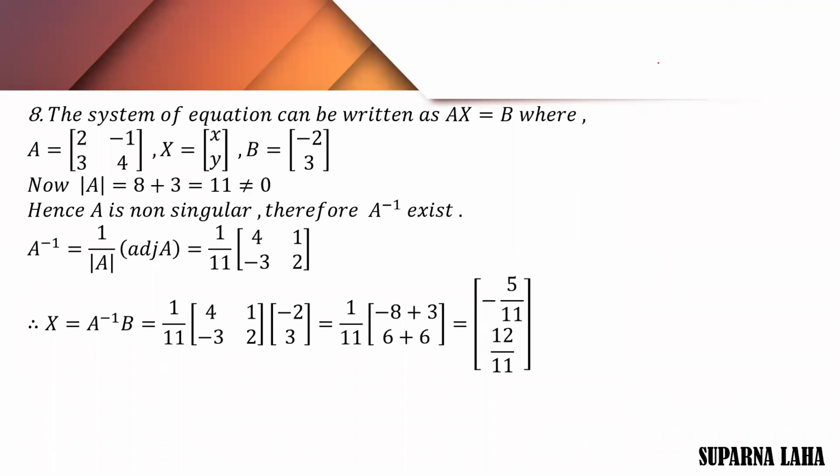Here I am taking this 1 upon 11 outside of it, and after multiplication A inverse B, then I am taking this 1 upon 11 inside. So that means x is minus 5 by 11 and y is 12 upon 11. So this is the answer of this system of equations.